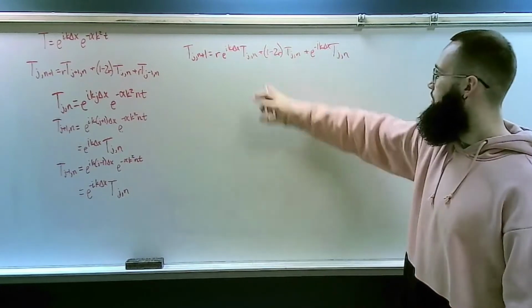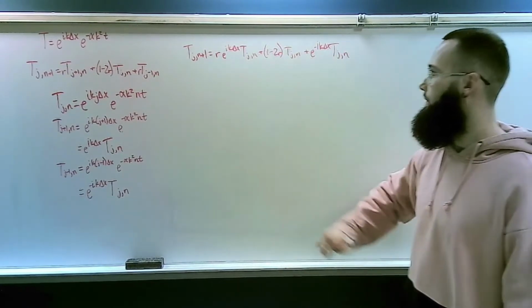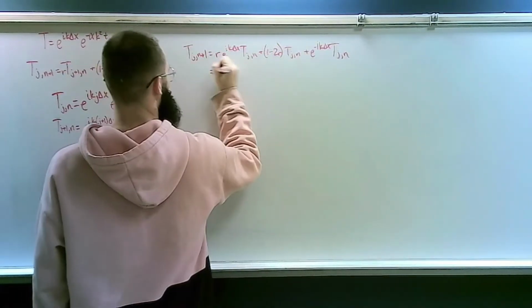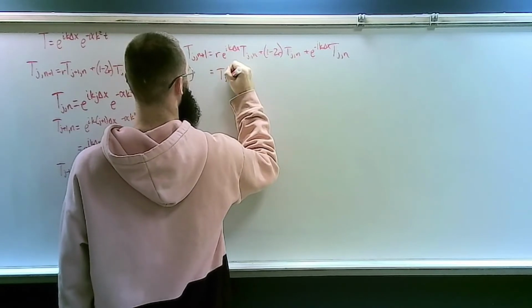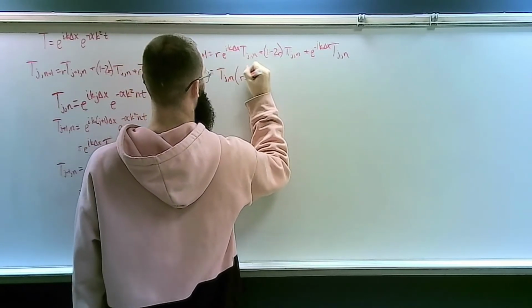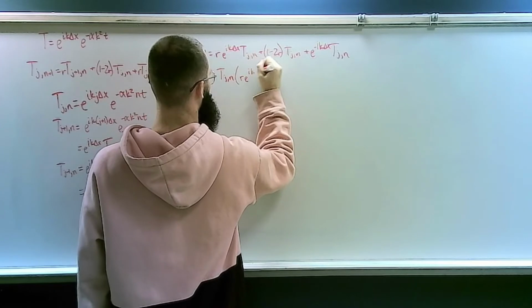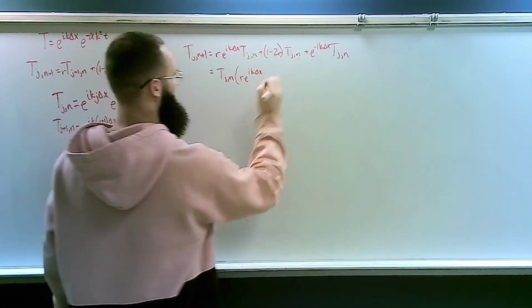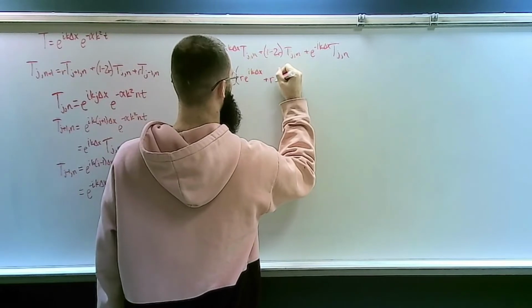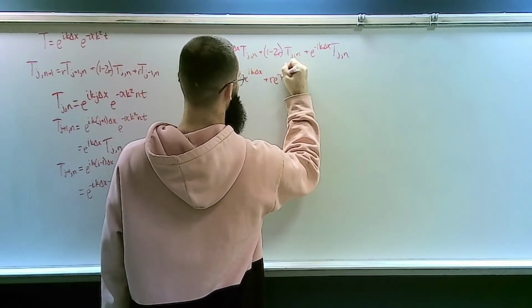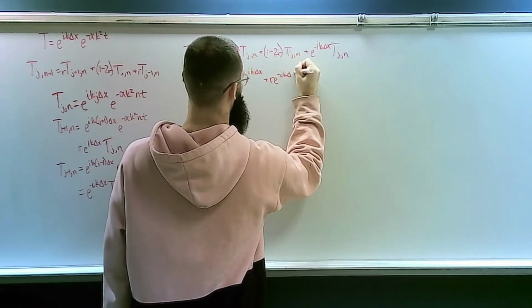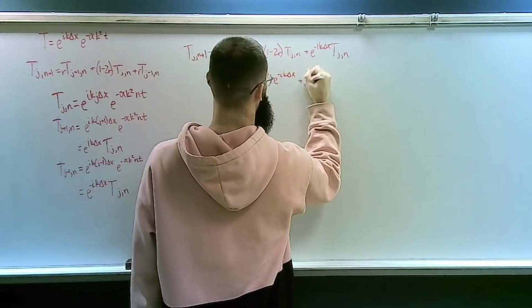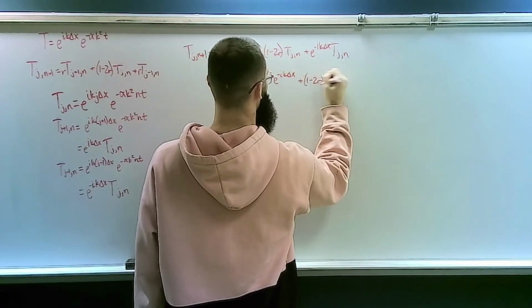And so now all of these terms have a T_j^n in them that we can factor out. So T_j^n times r e^{ikΔx}. And I'm going to go ahead and rearrange it to put the e's next to each other. Plus r e^{-ikΔx} plus 1 minus 2r.